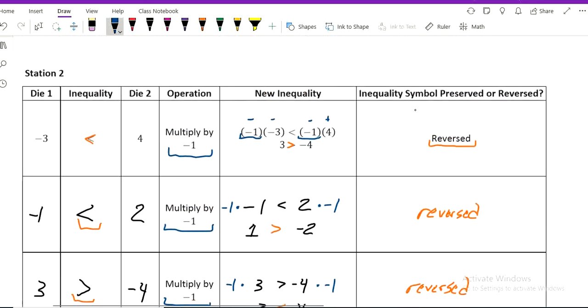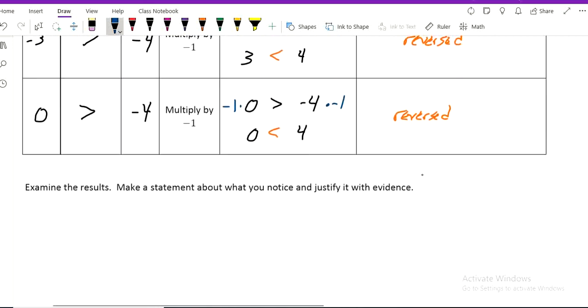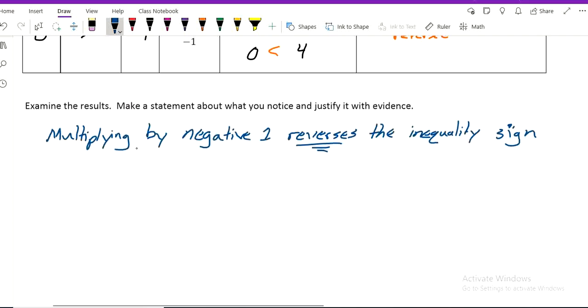And if you look, every single time the inequality symbol was reversed. It changed the direction it was facing. So we will say multiplying by -1 reverses the inequality sign.